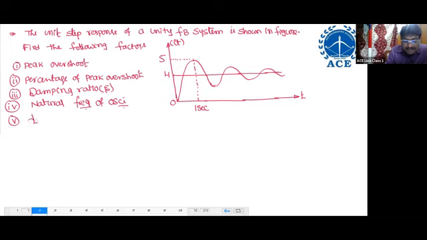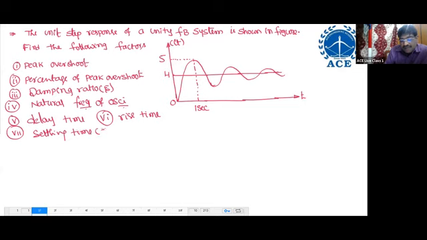Next, delay time. Sixth one, rise time. Next, settling time, for plus or minus 2%.